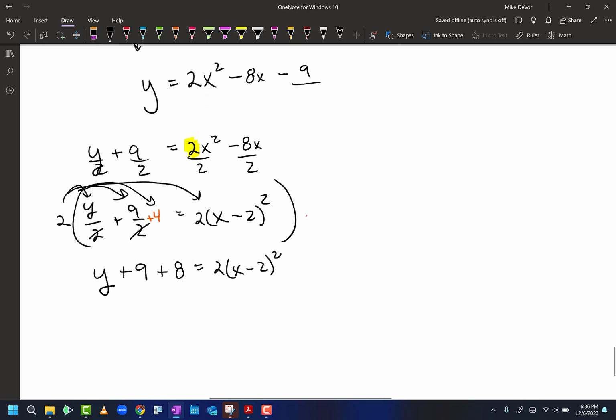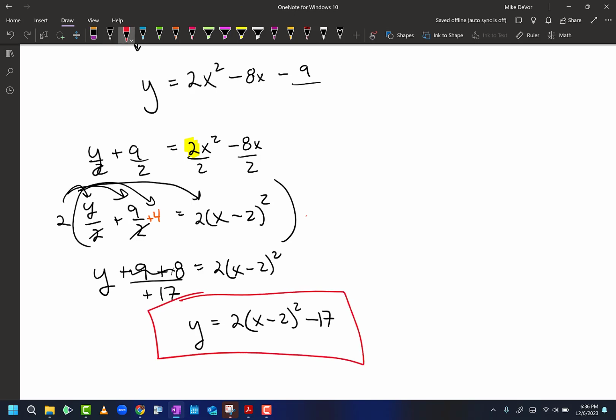Of course, these add together to be 17. So that's a plus 17 over here. Then we're going to bring that to the other side. So here's what we have: x minus 2 squared minus 17. Like that. And that's what it looks like in vertex form.